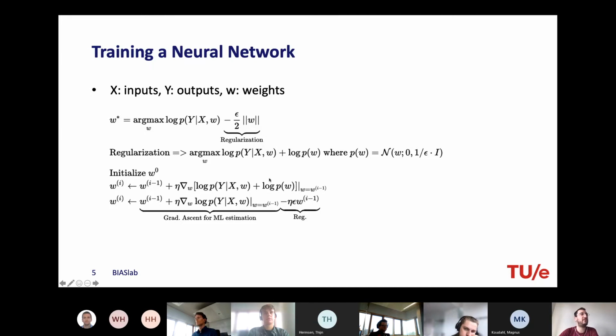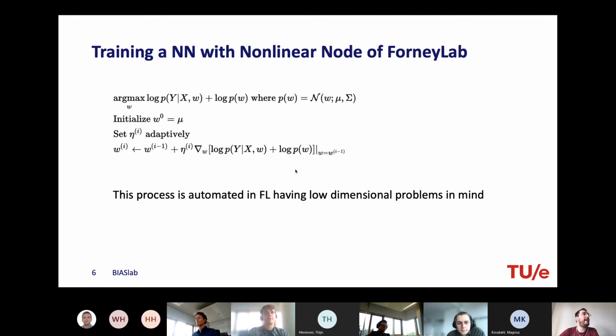This I show here. So training a neural network with a maximum a posteriori objective basically refers to putting a prior on the weights of the neural network. Here we are going to do something similar with ForneyLab.